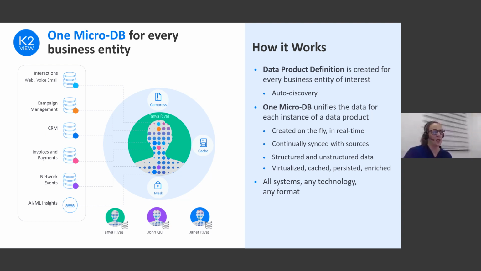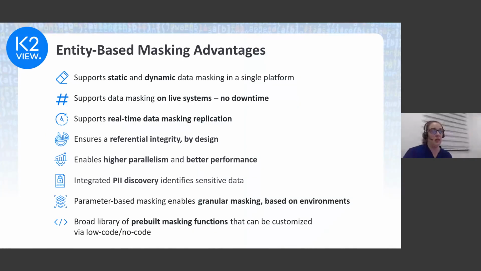This concept of a business entity also has tremendous advantages when we're referring to data privacy and data masking. Why? The entity-based masking advantages. What are the advantages? First of all, it is flexible. We can support static and dynamic data masking in a single platform.